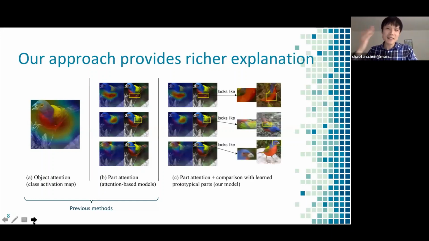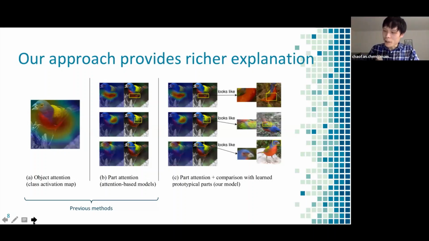And here's the difference of our work. Our prototypical part network basically provides a richer explanation by closing this gap, by using both attention and similarity to learned prototypical cases, which are analogous to something like our mental picture of some things, right?